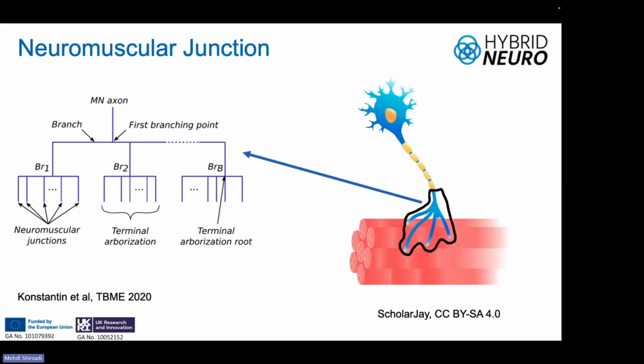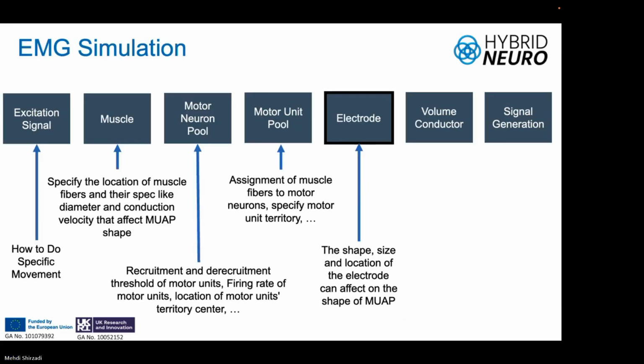Usually the connections are more or less in the middle of the muscle. All of these neuromuscular junctions come to an area surrounding the middle, and this area is what we call the innervation zone. That is the zone where all of the neuromuscular junctions exist.